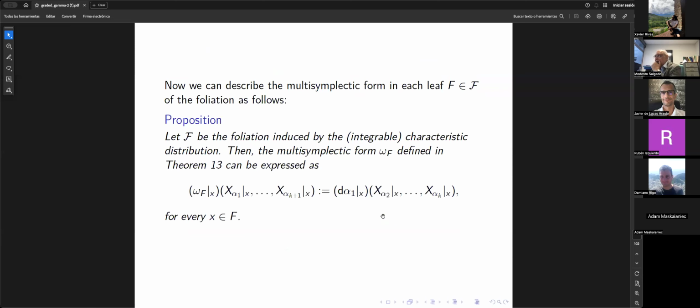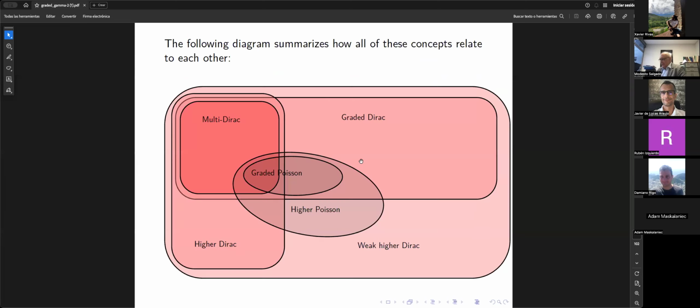For instance, what is the importance of graded Dirac structures in classical field theory? If you have a graded Dirac structure, you have multivectors of some degree and the corresponding forms.